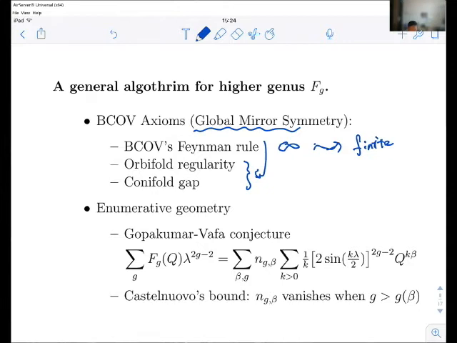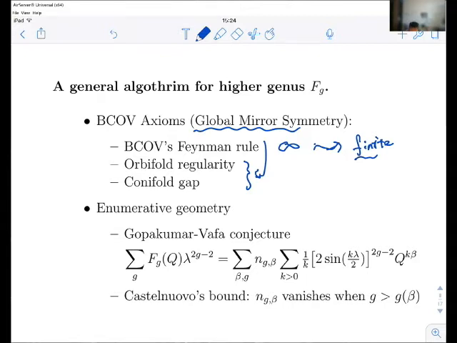We don't know what the geometric theories are. But these physicists claim that we can use the properties of this geometric theory to give some constraints and reduce this initial data to some smaller initial data. And this is all from the B model part.